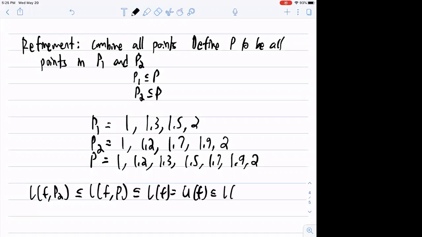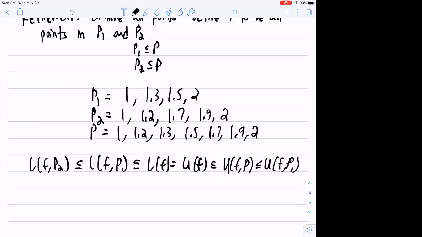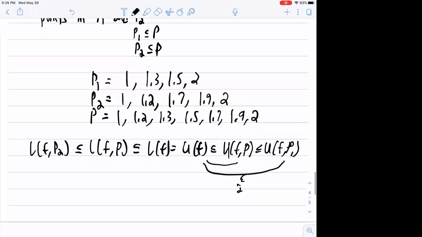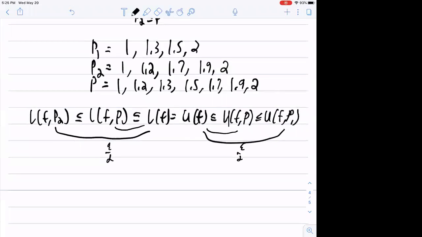And then U of FP, U of FP1. That's P1. But again, these were epsilon over 2 away. So this is in between. This is clearly epsilon over 2 away, and this was epsilon over 2 away, so this is even less. Then the difference is epsilon away. Hopefully that's clear.